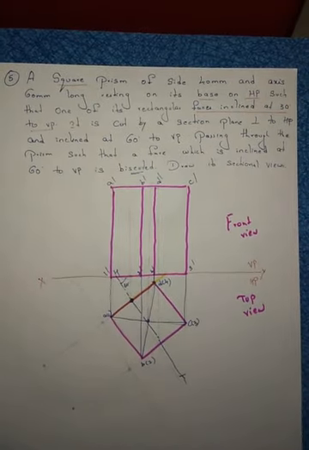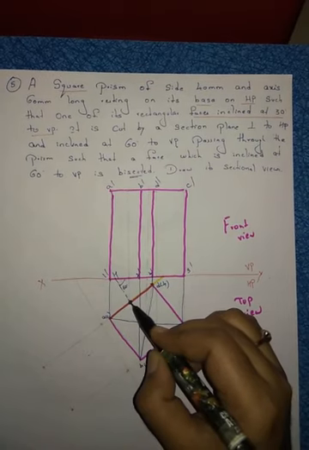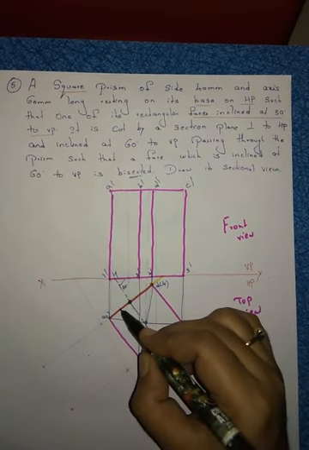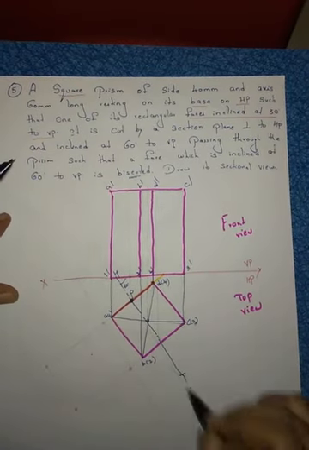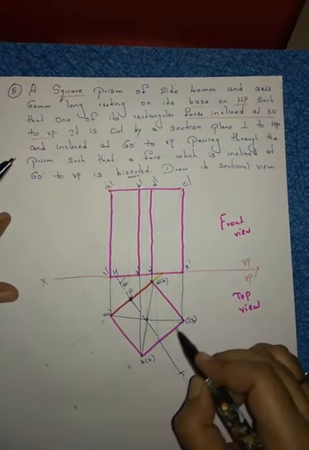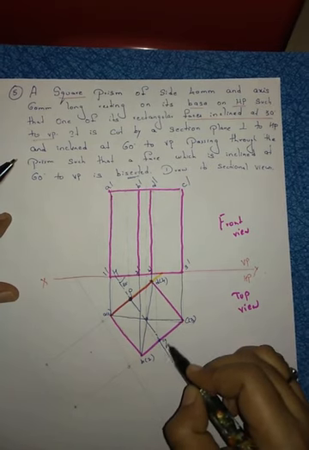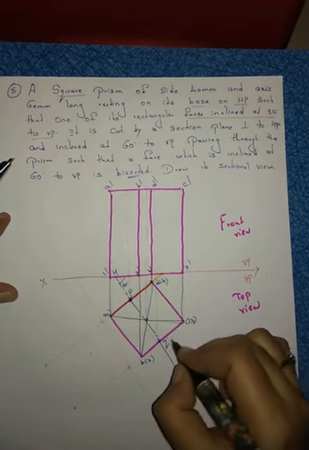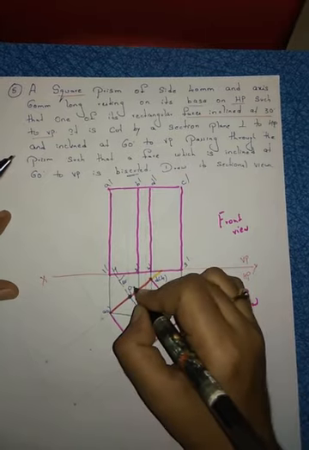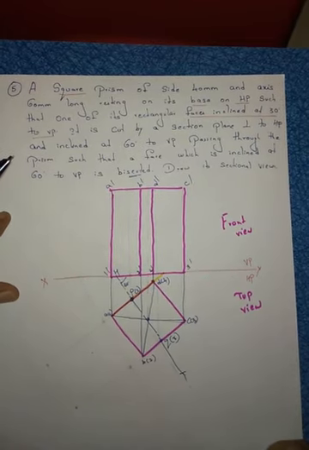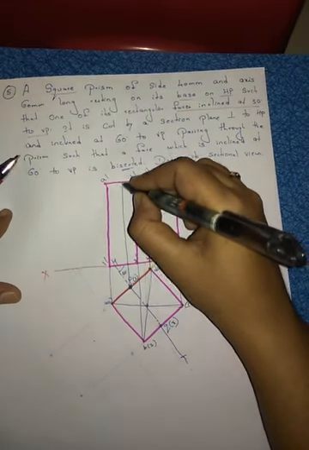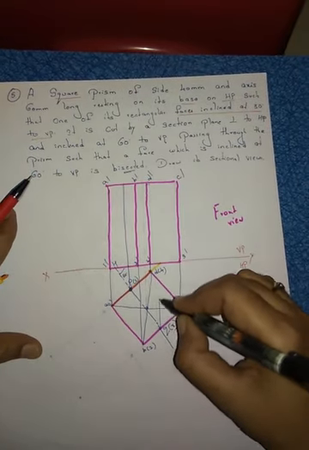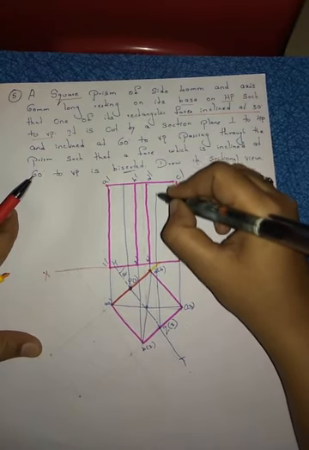Now after constructing the sectional plane, mark the points. This is your sectional plane, this is the coincidence point, name it as P. This is the sectional plane, this is the coincidence point, name it as Q. The prism's other points are R and S. From P project the line, from Q project the line.